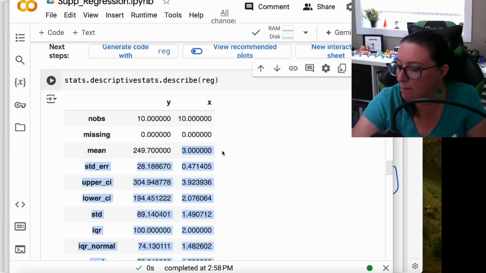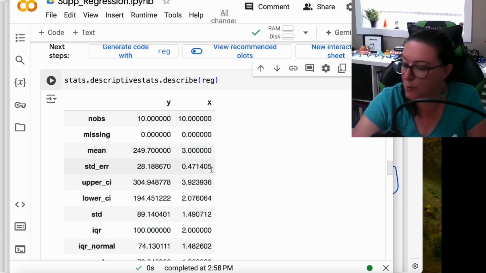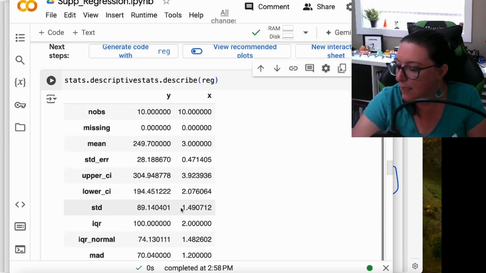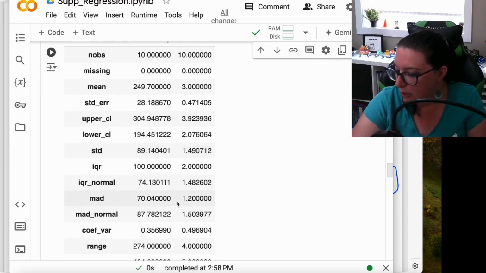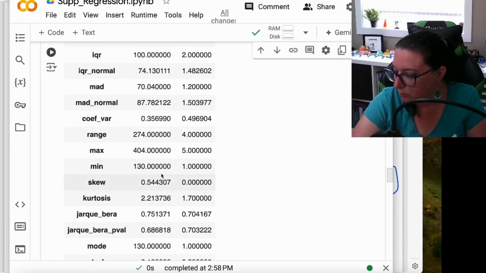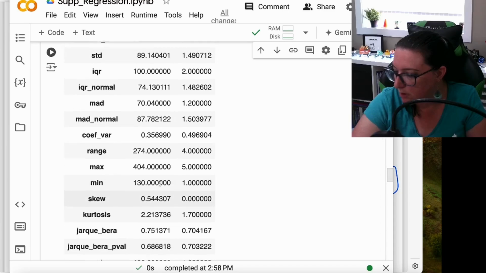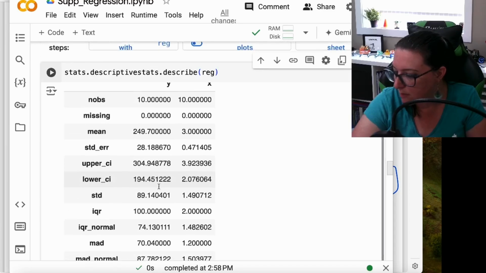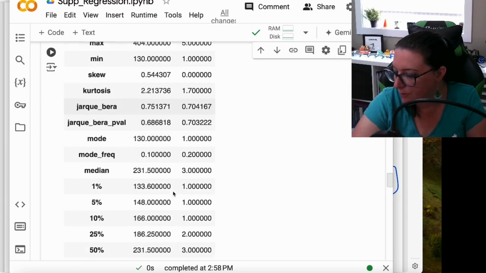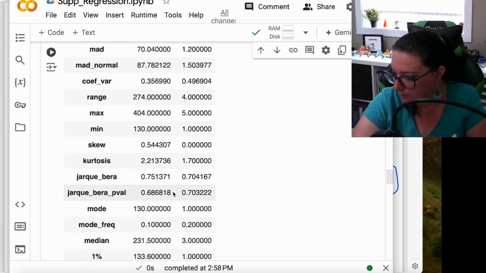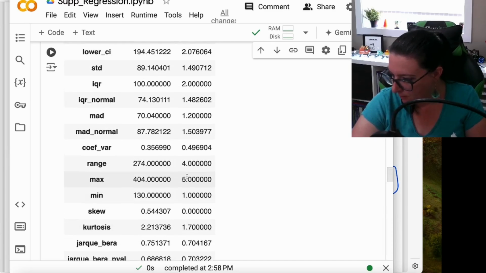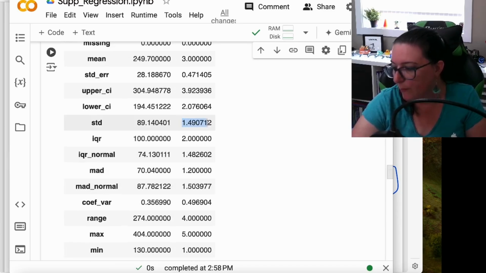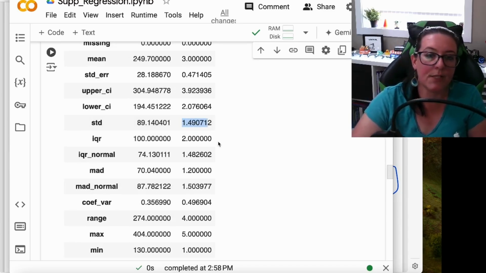And that'll give us the mean, the fact that the average x was 3, and the standard deviation. I'm looking for the standard deviation, and I'm just not seeing it. There we go. 1.49. So the standard deviation is there.